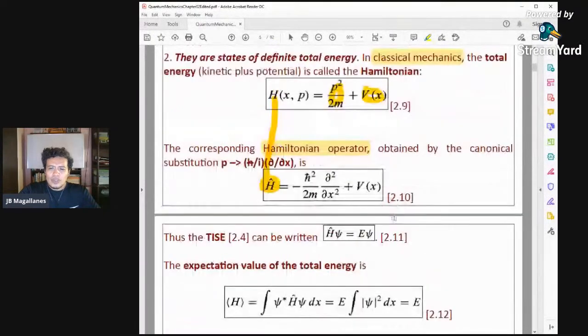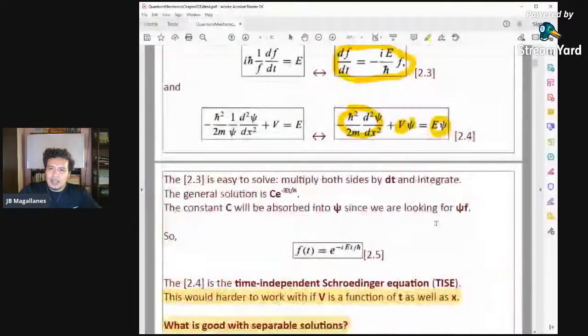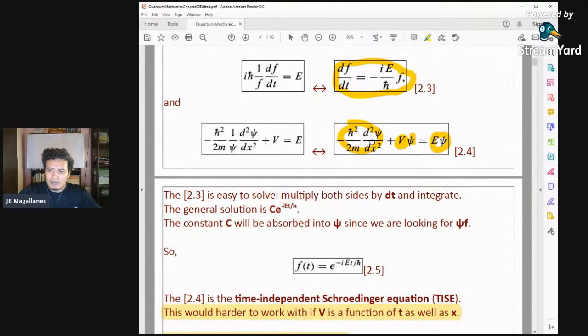So in this case, look, if we multiply both sides by phi, and this quantity times phi, we will arrive at this expression.